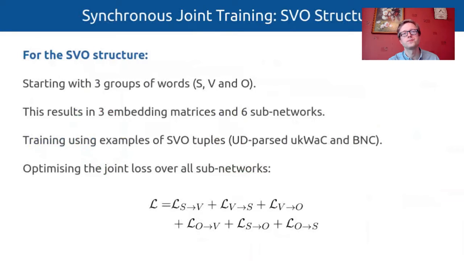We train the model using known subject-verb-object tuples that we collect from parsed versions of UKWAC and the BNC. And then during optimization, we minimize the summed loss over all 6 different subnetworks in all possible directions.